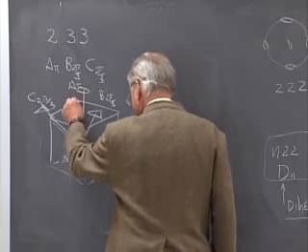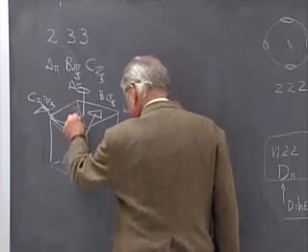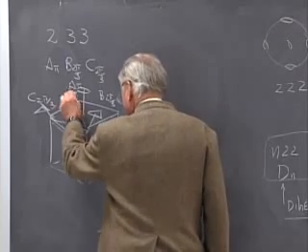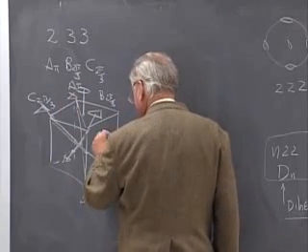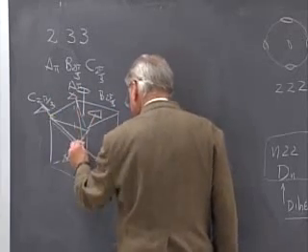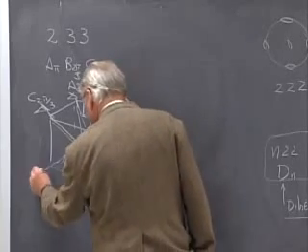The 2-fold axis gives us a 3-fold axis that will come down this way. So there's a 3-fold axis here and a 3-fold axis coming out here. And then the 2-fold axis will rotate this 3-fold axis over to the remaining pair of corners.